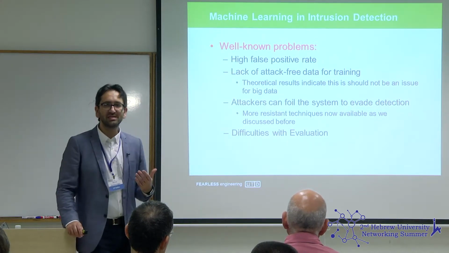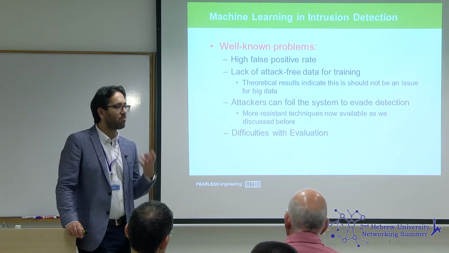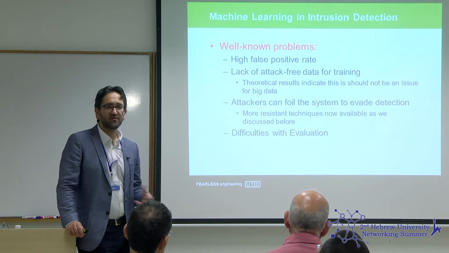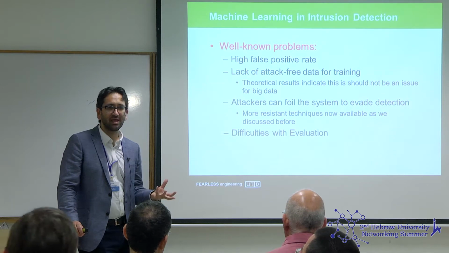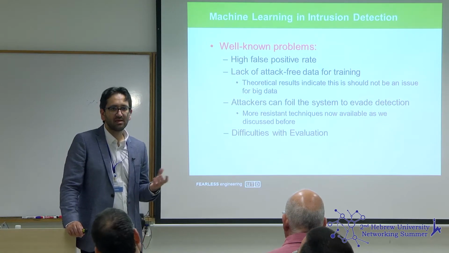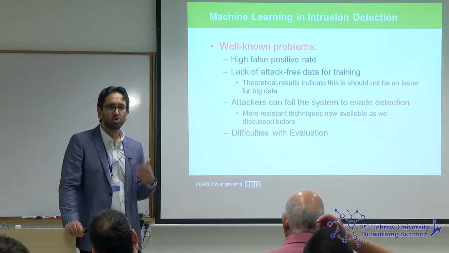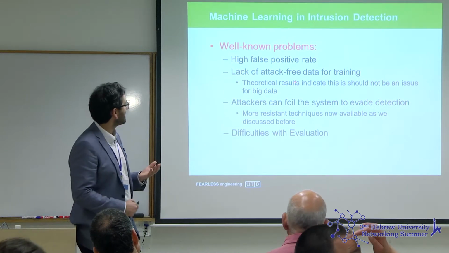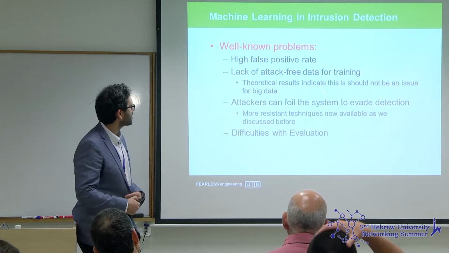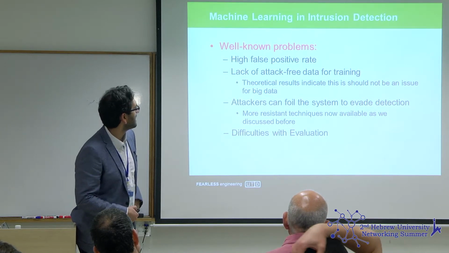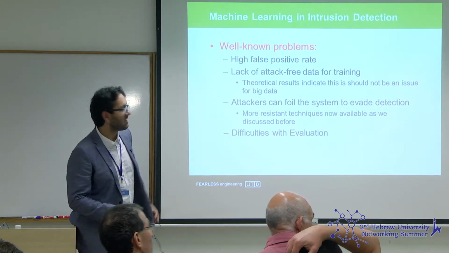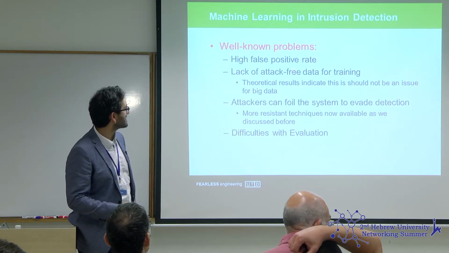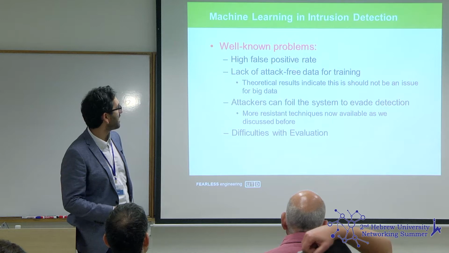Even if you are applying these techniques for network security, if you have hundreds of thousands of connections per day, even 1% can be too much, or 2% can be too much. And lack of free data for training is also an issue. But as we have seen, I think this is kind of attacked.